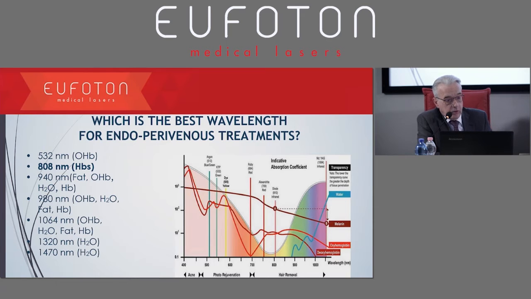You see 980, 1064, and when we exceed this wavelength, hemoglobin and melanin are almost no longer seen, and what is seen is water and fat with certain problems.